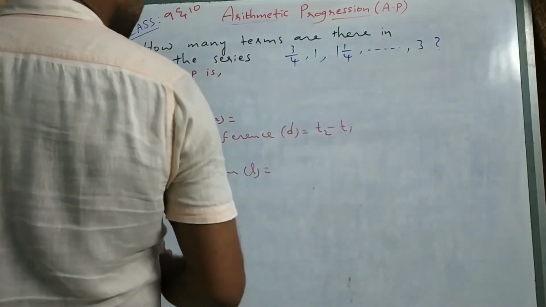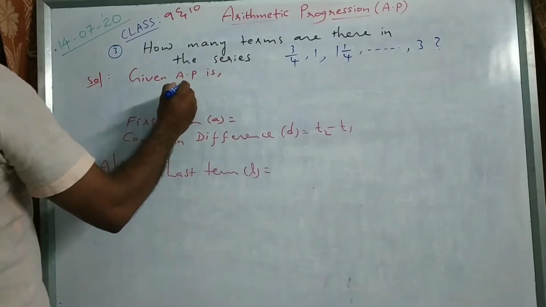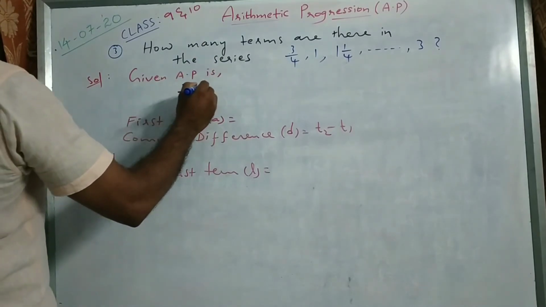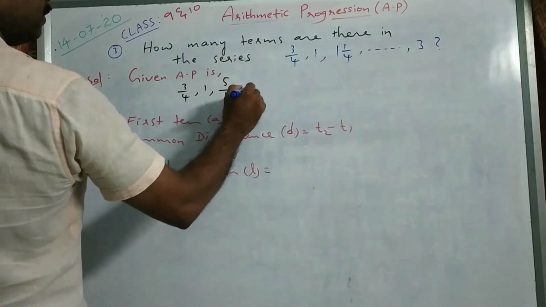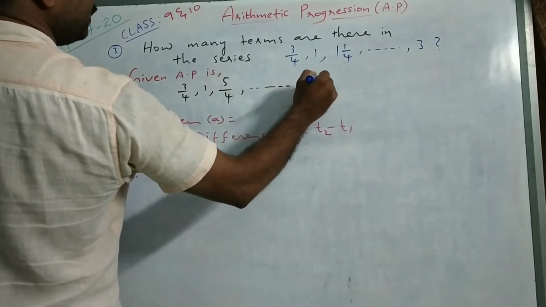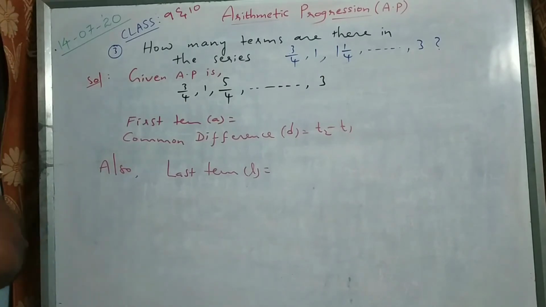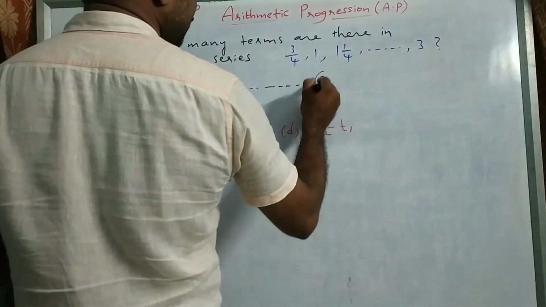What is the last term here? The given AP is 3 by 4, 1, then 4 ones are 4 plus 1, 5 by 4. What is the last term, by the way? 3. That is the last term here.